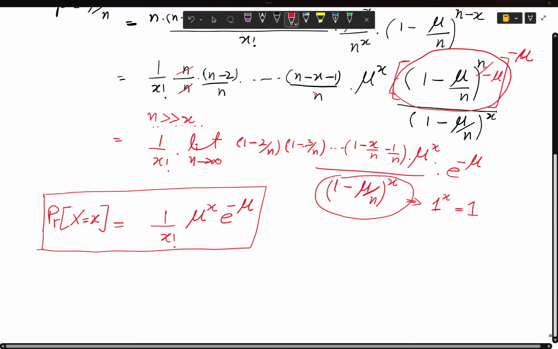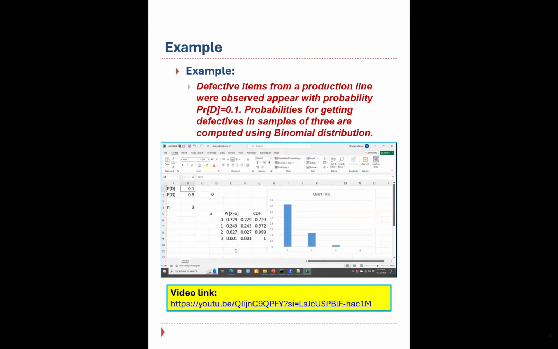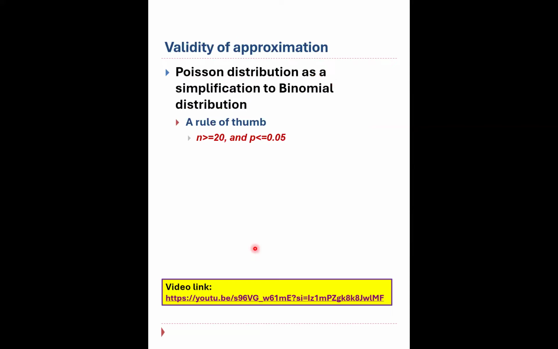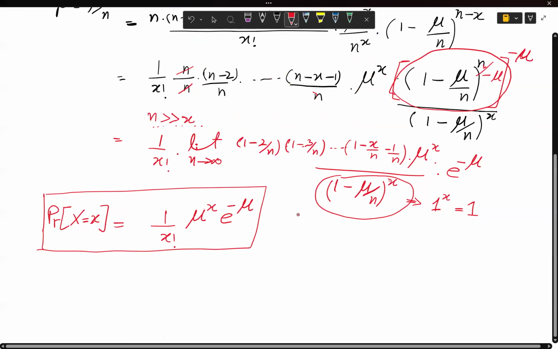So we can see that the mathematical expression of binomial distribution is simplified to the expression of Poisson distribution. With this, we can apply the recursive formula of Poisson distribution as well that we discussed in the previous lecture.